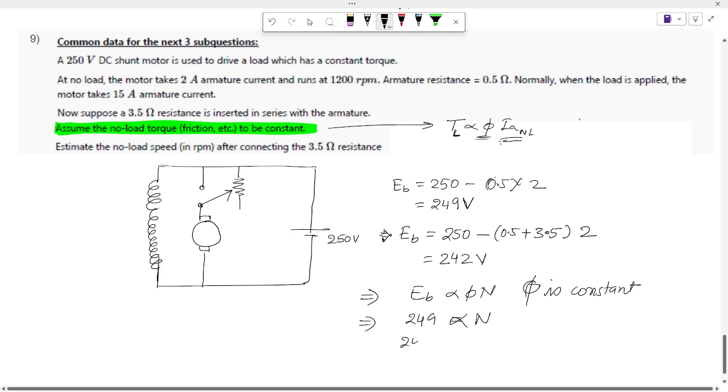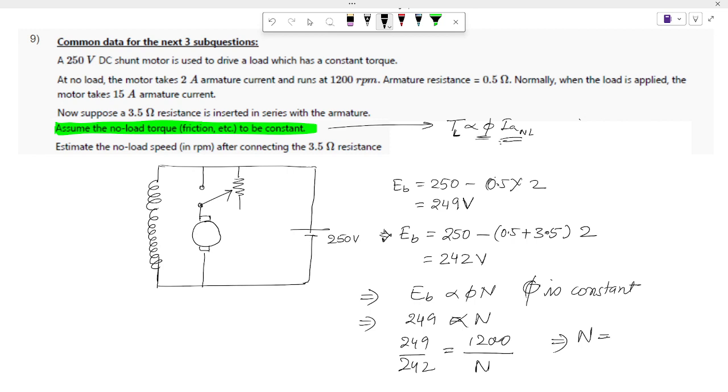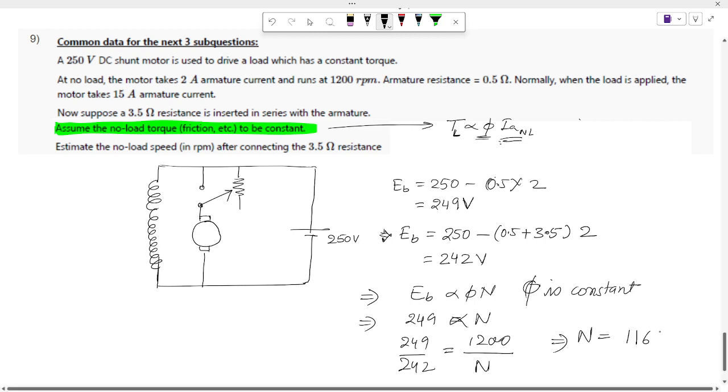So 249 by 242 is equal to 1200 by n. What is the value of n? Calculate from here. What are you getting? 1166.26.